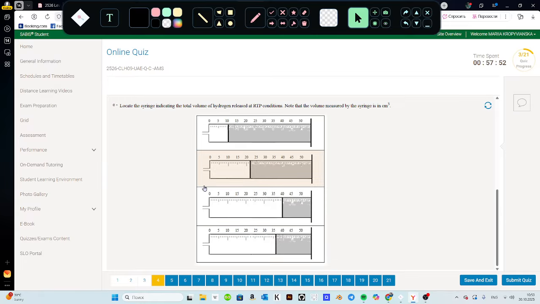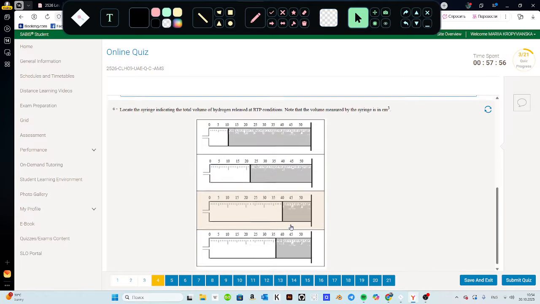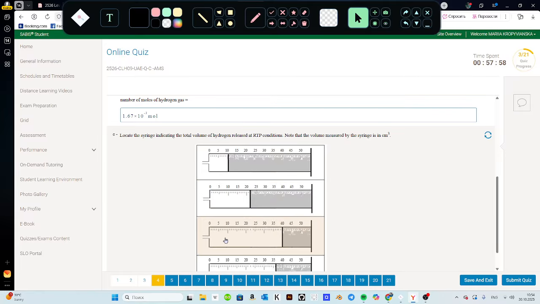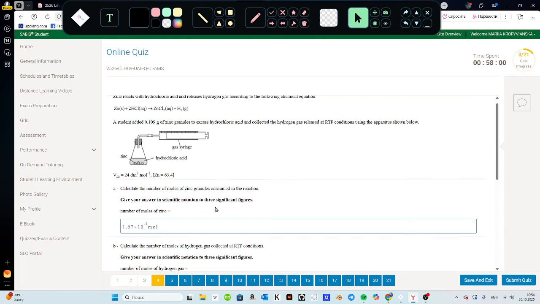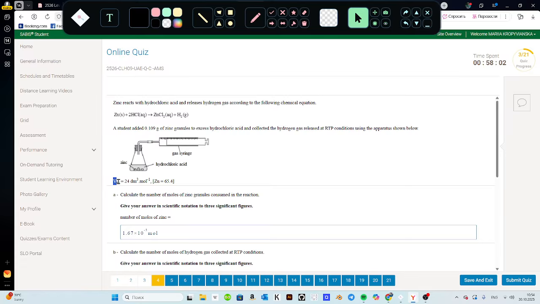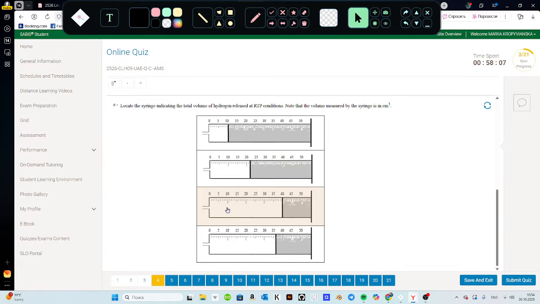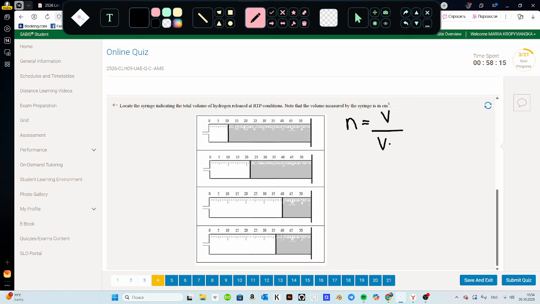Next one. We're trying to locate the syringe indicating the total volume of hydrogen released at RTP conditions. In the first question, we had STP conditions, and that's 22.4. But here, our molar volume is 24 decimeter cubed per mole. So let's use the basic formula, n is equal to V over Vm, where V indicates volume and Vm is molar volume. We know our molar volume, which is 24.